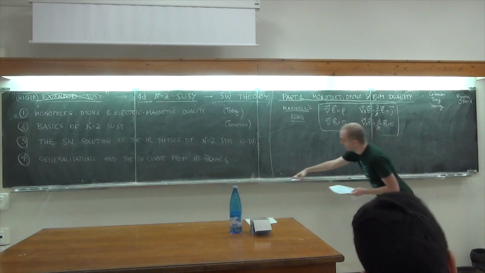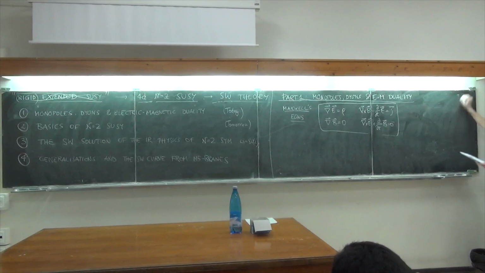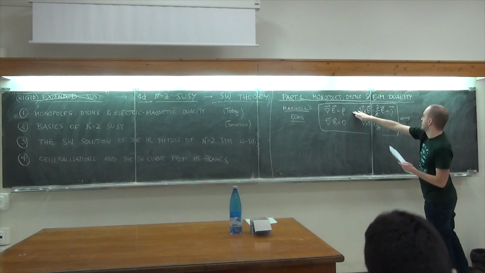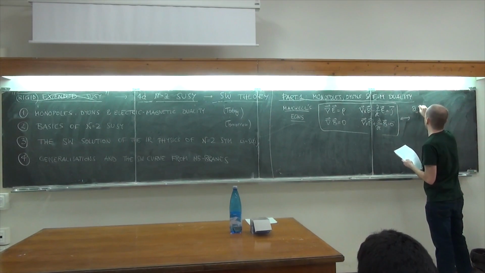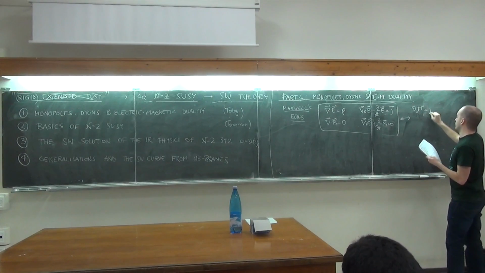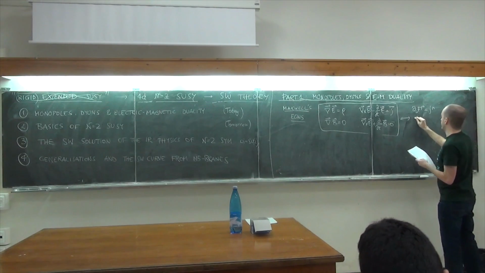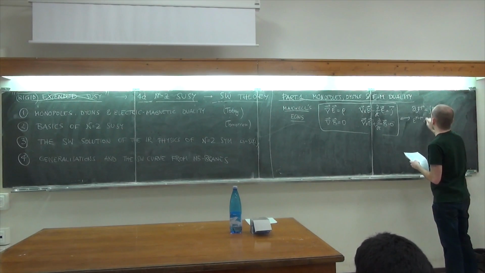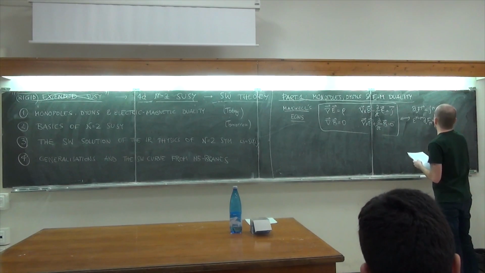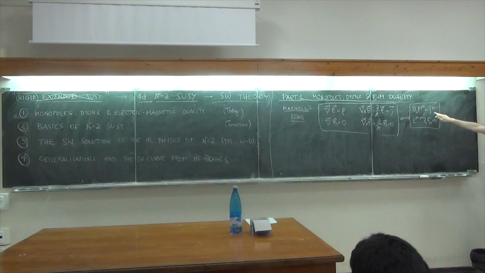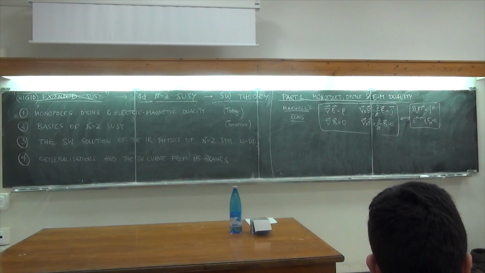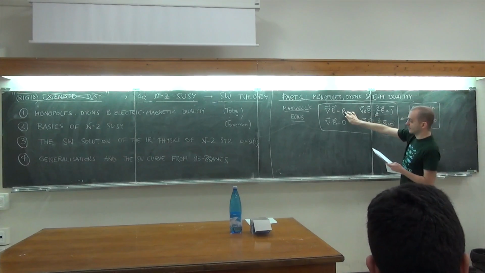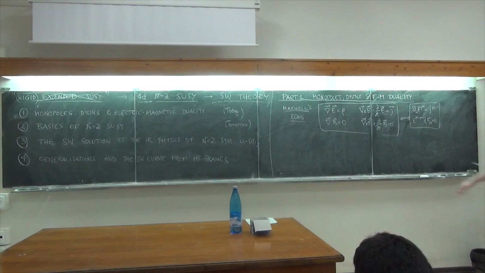If you write them in tensor notation, the first equation, which contains sources, the equations of motion, are d^ν F_{μν} equals j_μ, and the Bianchi identities are ε^{μνρσ} ∂_ν F_{ρσ} equals 0, where j_μ is a 4-vector which contains the current J and the current density, and the charge density ρ.